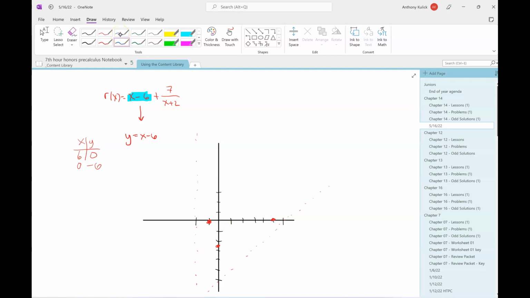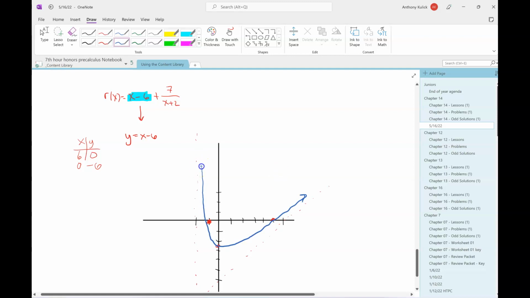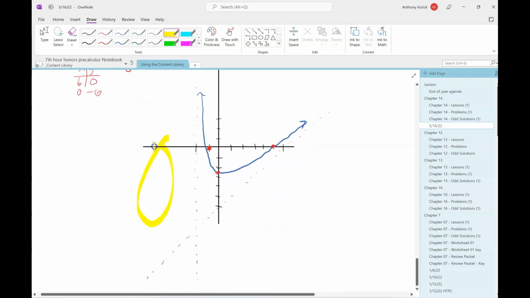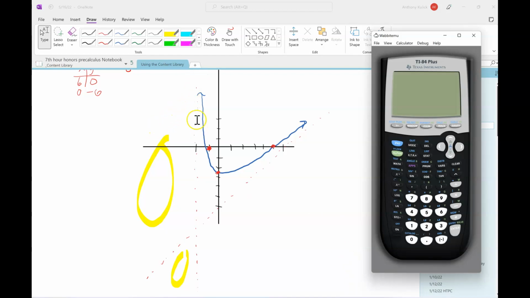All right, so I plot the 2 zeros and the y-intercept, and we should be able to tell then that this part of the graph has to look like that, right? I just have to check then whether my other piece should go in there or there. Everybody agree? So I'll just do that the same way, figure out whether we're pointing up or down on the left-hand side of that asymptote.